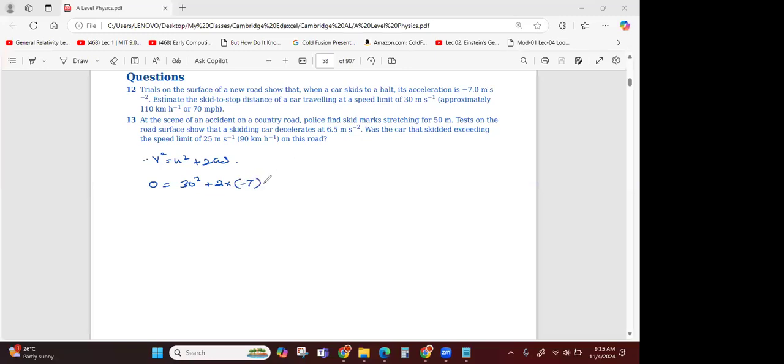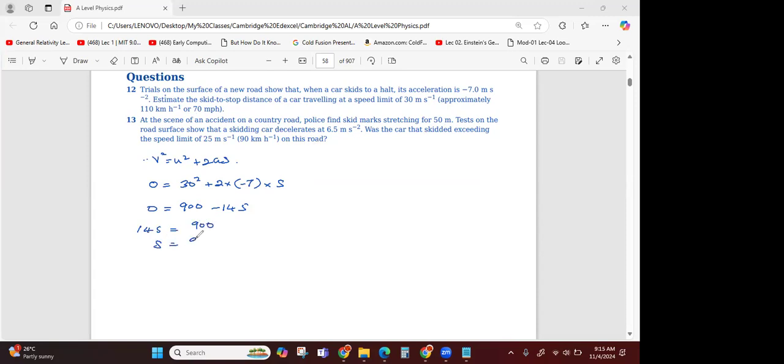So 0 equals 30 squared plus 2 into acceleration, -7, into the distance we have to find. Then this will be 30 squared is 900 plus minus 14s. So minus 14s we can take to the other side, becomes plus 14s equals 900.